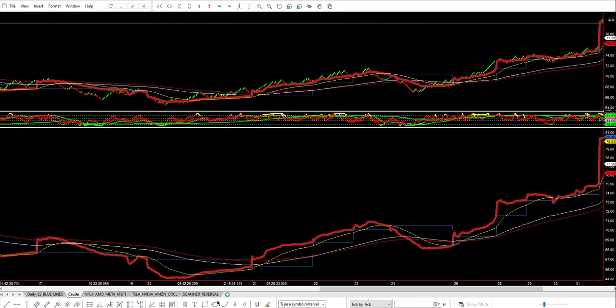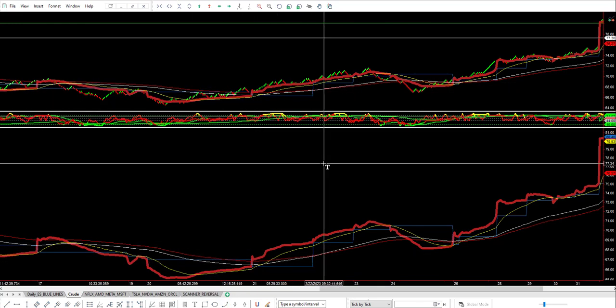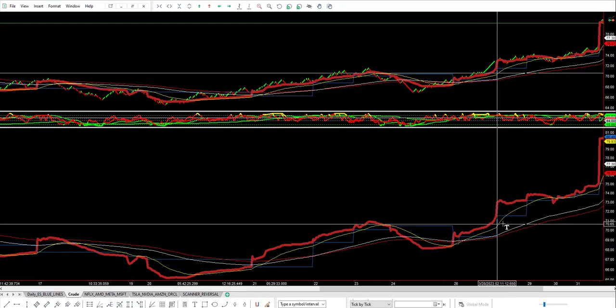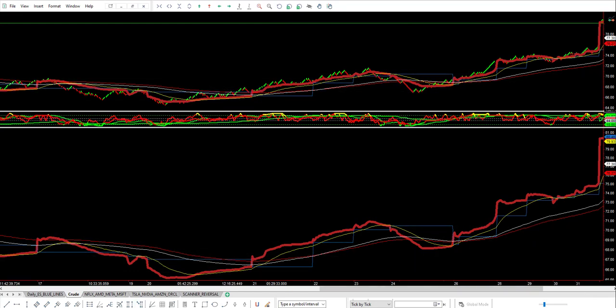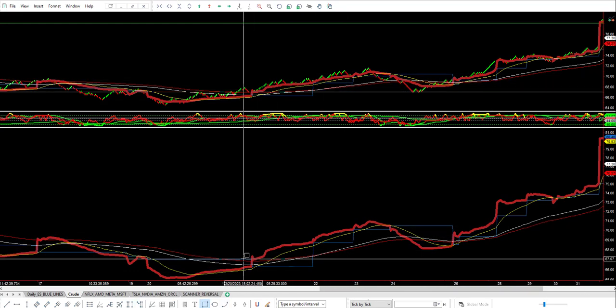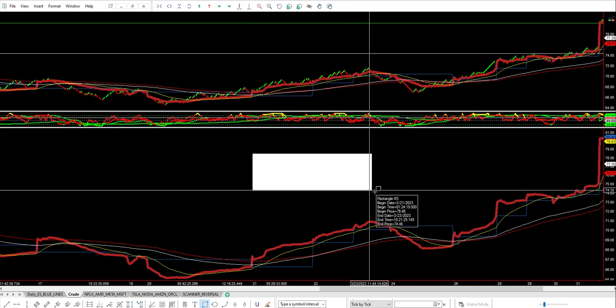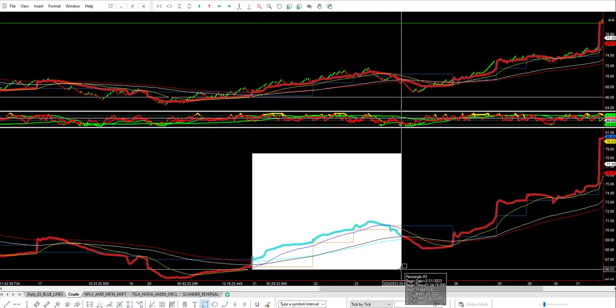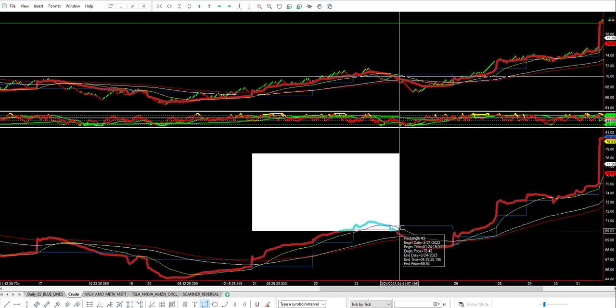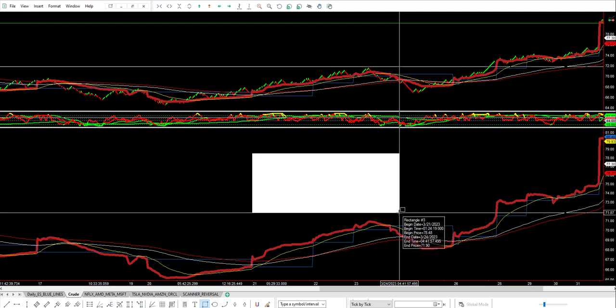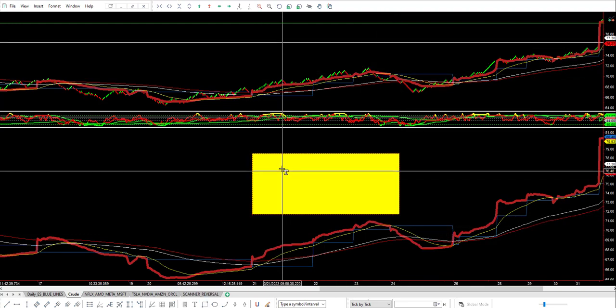That is giving us, if the VWAP is above this or below this, a first sense of the trend.